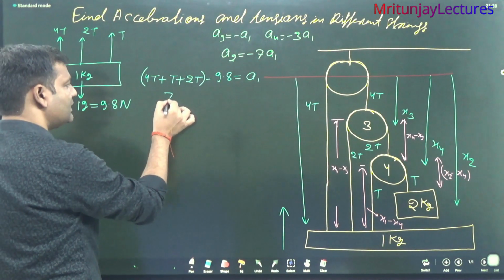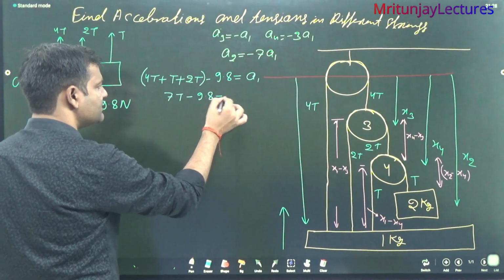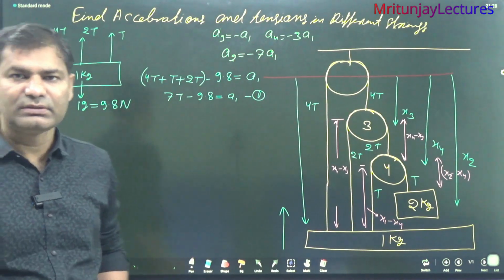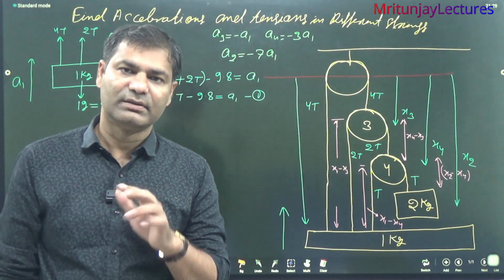So you can say 7T minus 9.8 equals A1, equation number 1. Clear or not? Very simple.